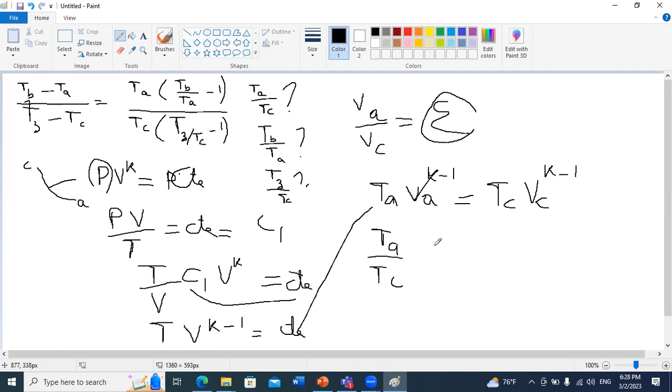Because I know the ratio VA over VC is epsilon, VC over VA is 1 over epsilon. Replacing it, I get TA over TC just as a function of epsilon and K. So I am done with the first step: TA over TC is 1 over epsilon to the power K minus 1.